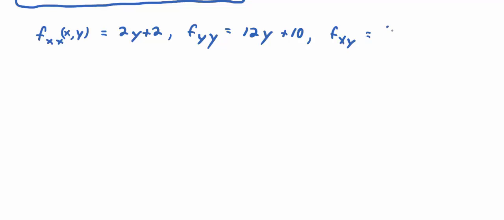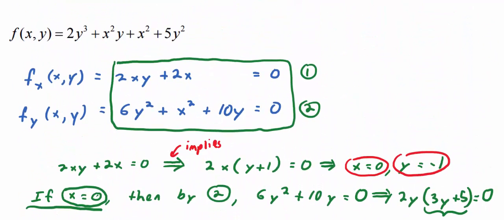That turns out to just be 2x. Take the derivative of f sub x, now with respect to just y, and you get just 2x. This term goes to 0, this term goes to 2x.